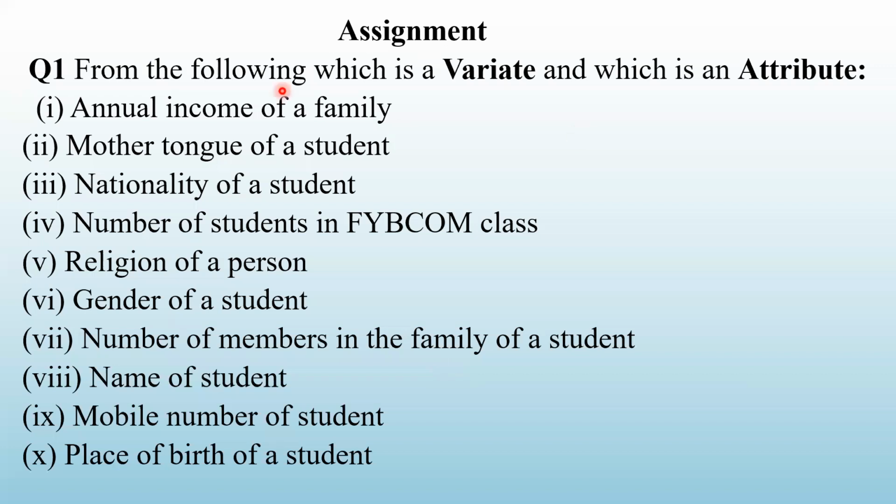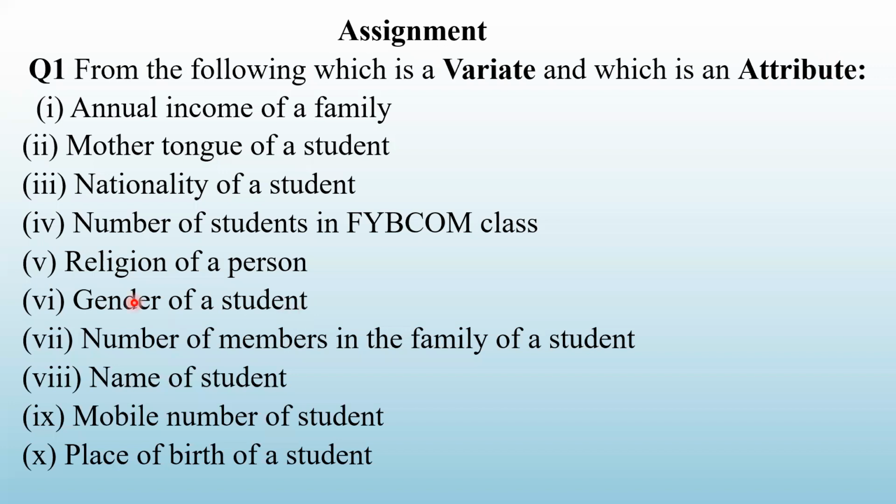It's a variate, correct. Mother tongue. If I ask you what is your mother tongue, your answer will not be in the form of numbers, correct? So it is an attribute. Nationality, that is also an attribute. Number of students in FYBCOM class, definitely it will be a variate, correct? Religion of a person, it is an attribute. Gender of a student, male or female, the answer will be either male or female, not one to three, correct?